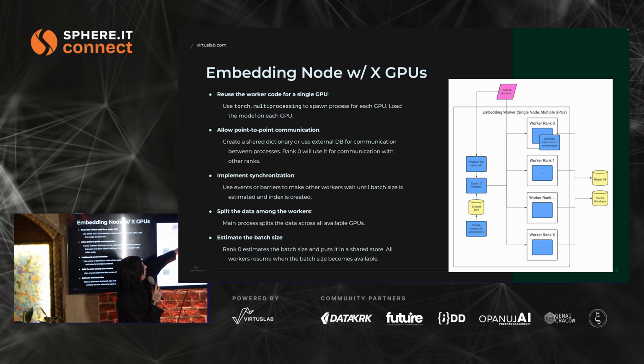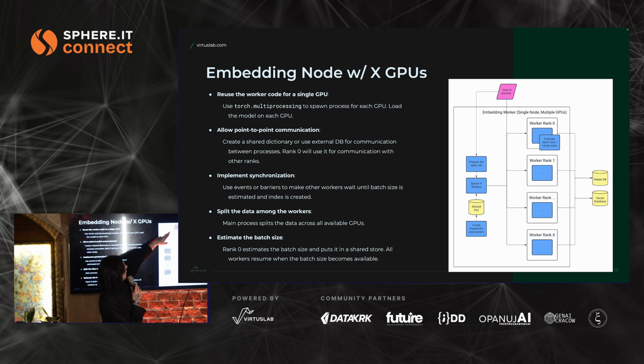So this is the same as the whole diagram before, but now we have it for each of the GPUs. And our main process prepares splits, spawns the workers, but also creates a shared dict and barriers, because we need to estimate the batch size, and we also need to create index if it's not present.